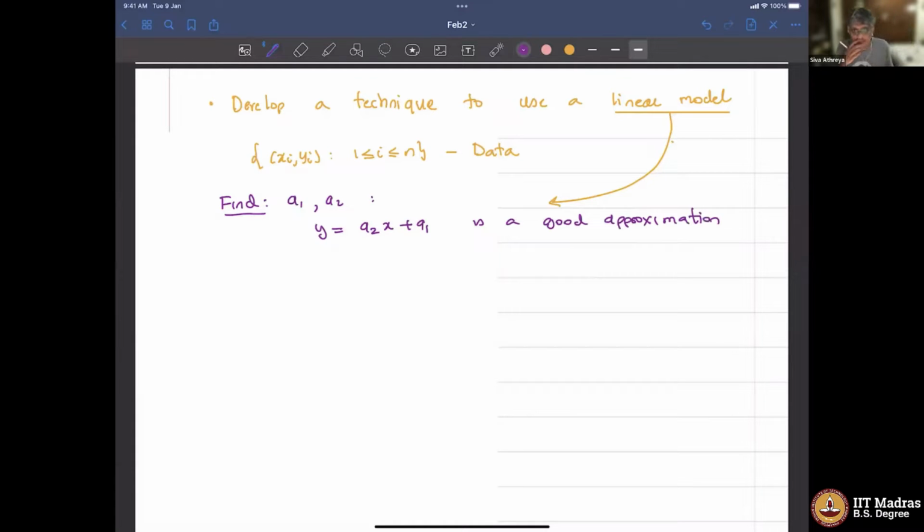This is what I want to do. I haven't told you why I want to study this particular thing, but this is one set of models that I want to understand. Of course, there could be other models that one can work with, but I'm not going to do that. I'm just going to understand this.